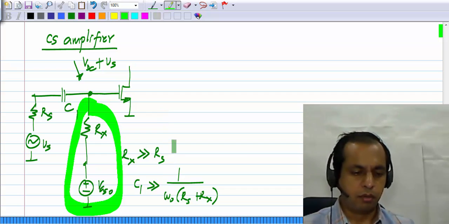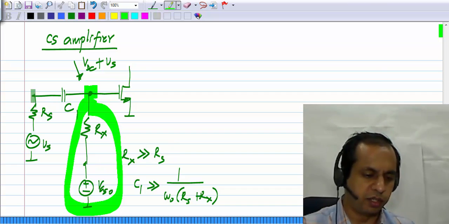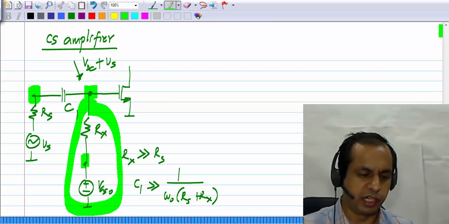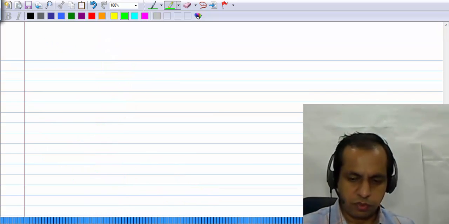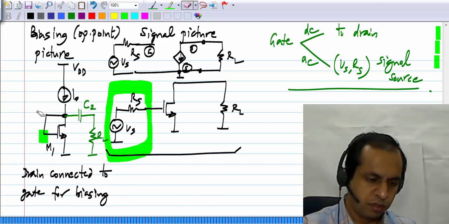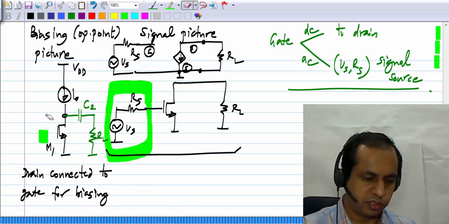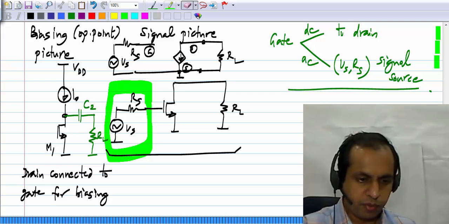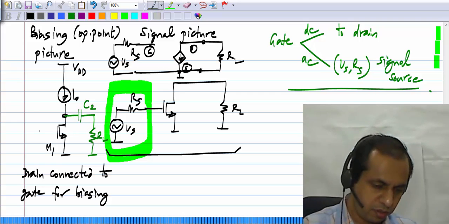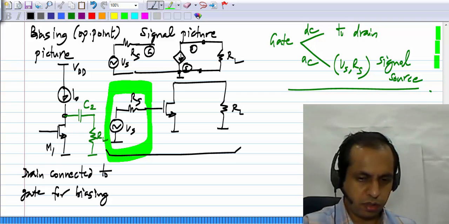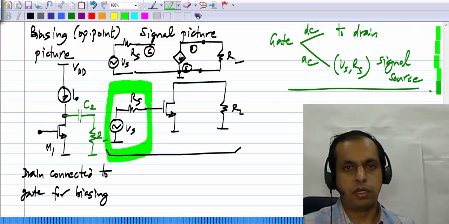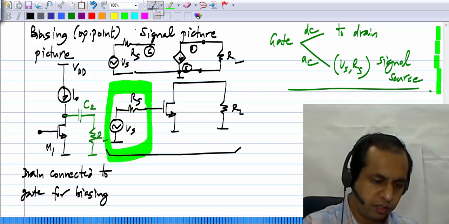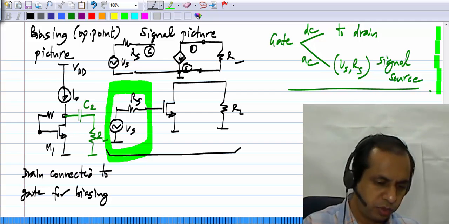But now the idea is exactly the same. The gate has to get connected to something for AC and something else for DC. So what we do is the following. Let me show this broken here. This point should get connected to the drain for DC, so I connect it through a resistor.